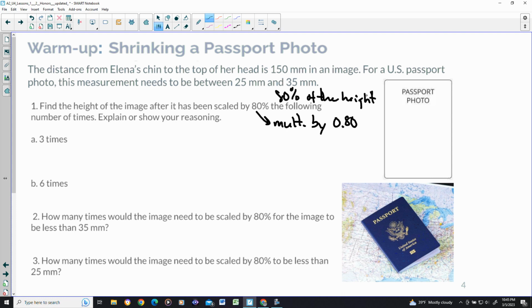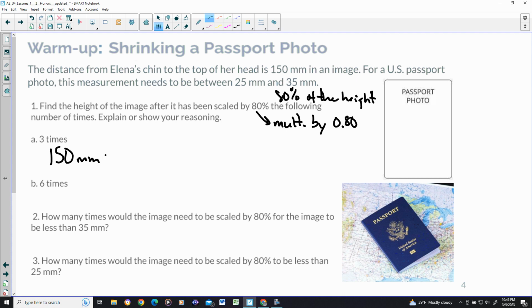Instead, we shrink by 80%, then take the new one and multiply by 0.80, and then multiply by 0.80 again. So what happens when we repeat this multiplication many times? We end up with exponents. And so there's that connection that we used back in Unit 1. So we're going to take 150 millimeters, right?